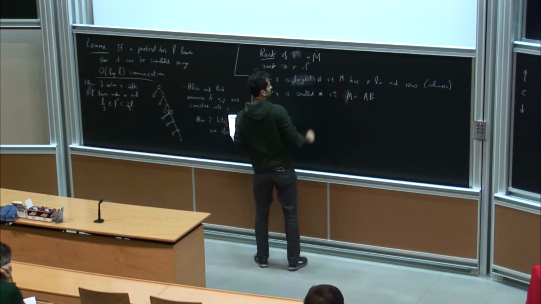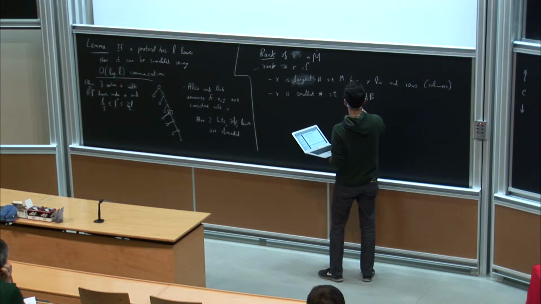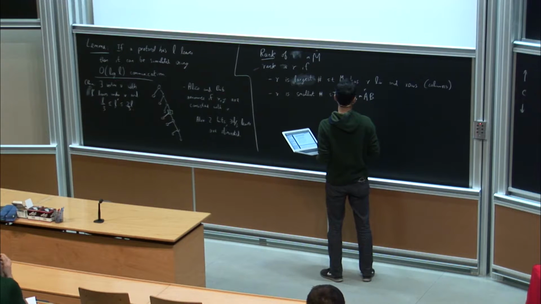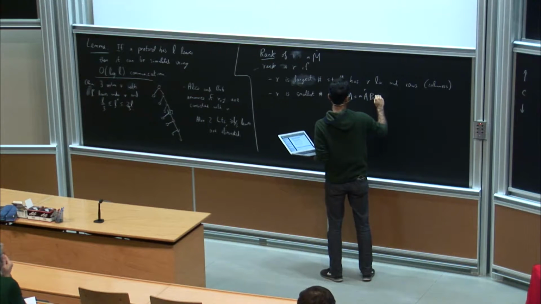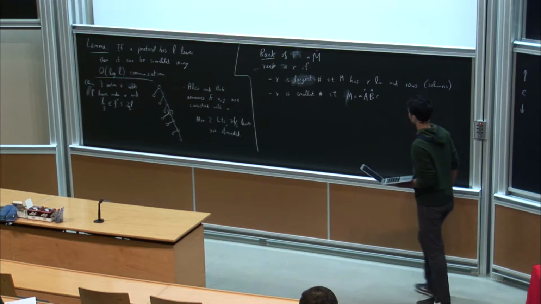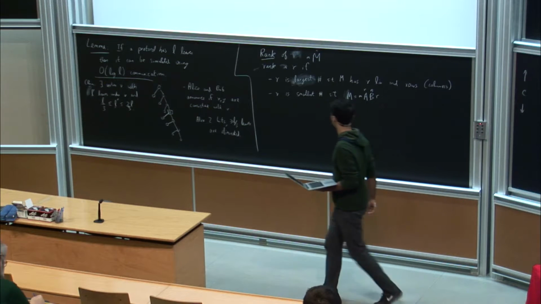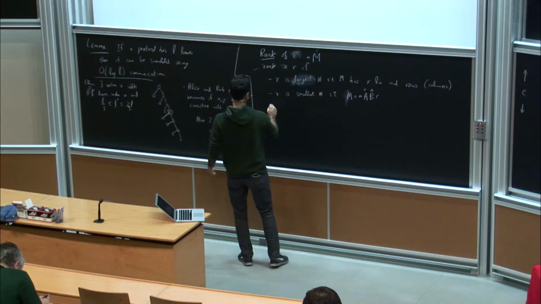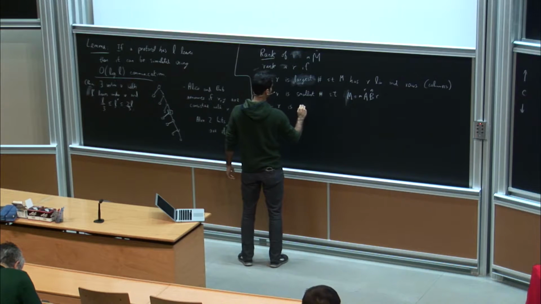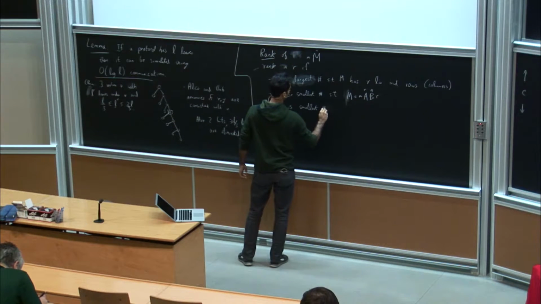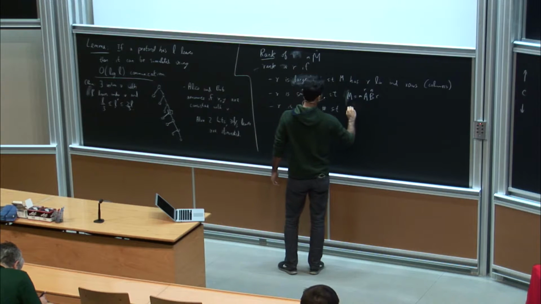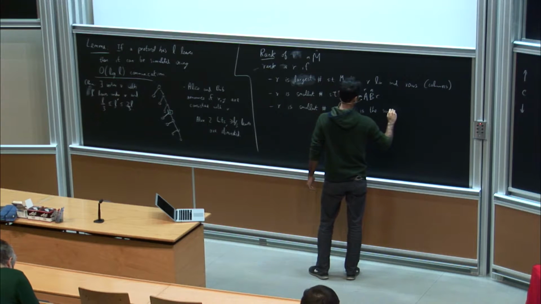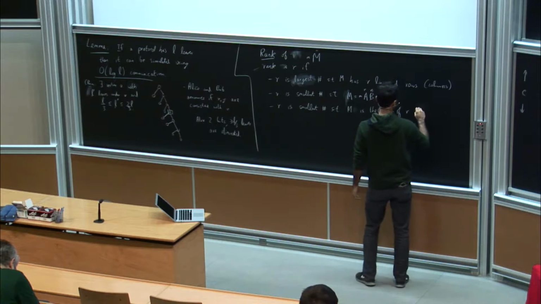Then it's the smallest number such that you can write M as A times B, where A is an m by R matrix, and B is an R by n matrix. Okay. And another way to define it is R is the smallest number such that M is the sum of R rank 1 matrices.